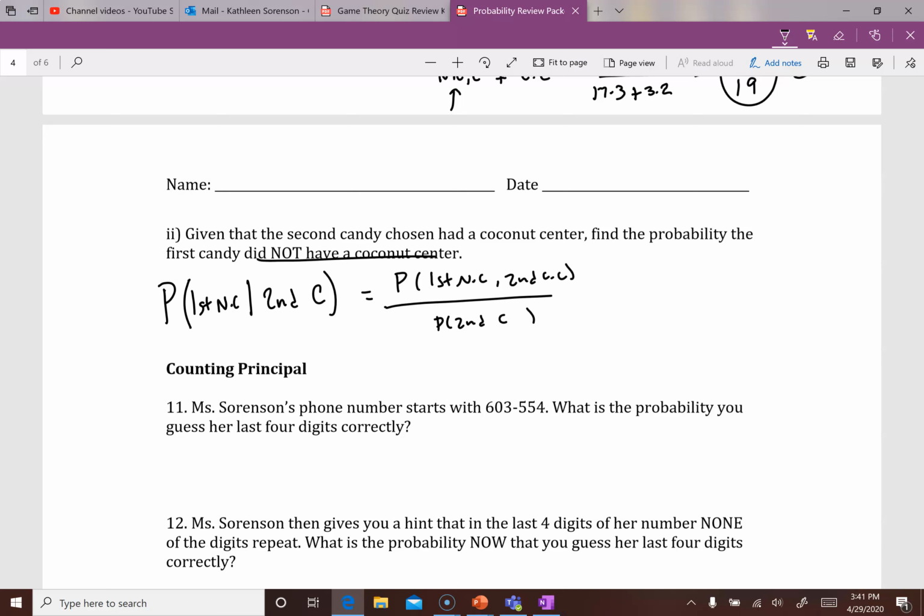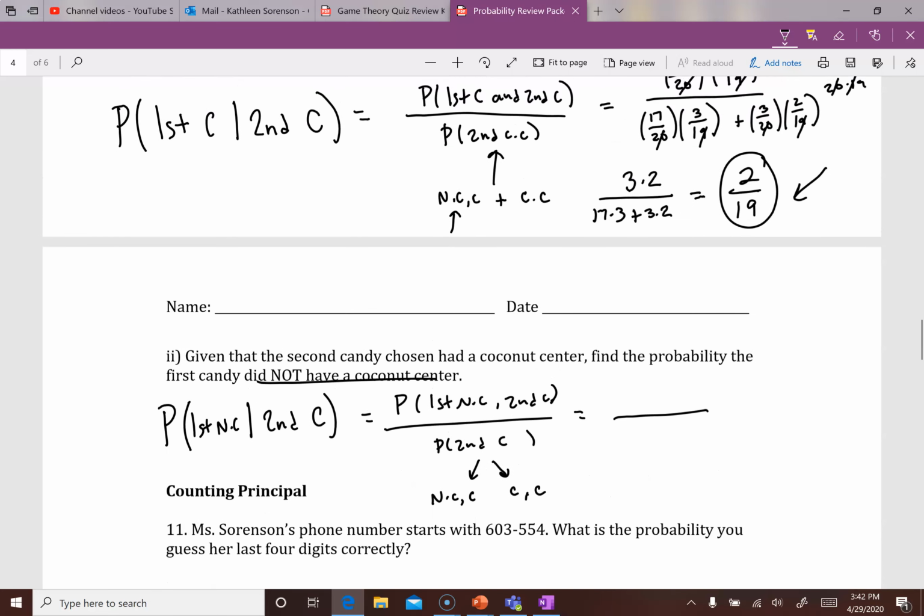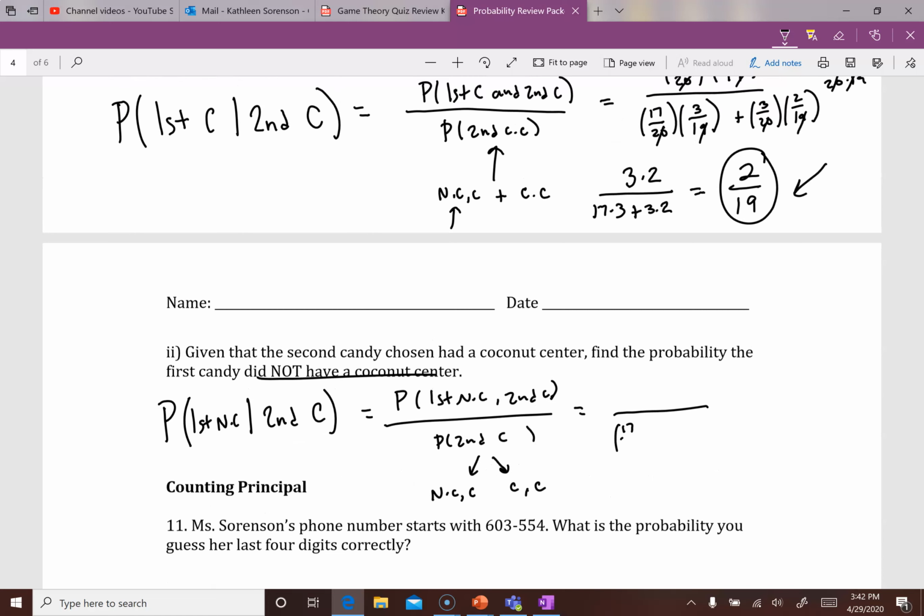Well, the probability of second coconut is just going to be not coconut and then coconut, or coconut, coconut. And so that denominator is going to be the exact same thing as above: 17 over 20 times 3 over 19, plus 3 over 20 times 12 over 19.